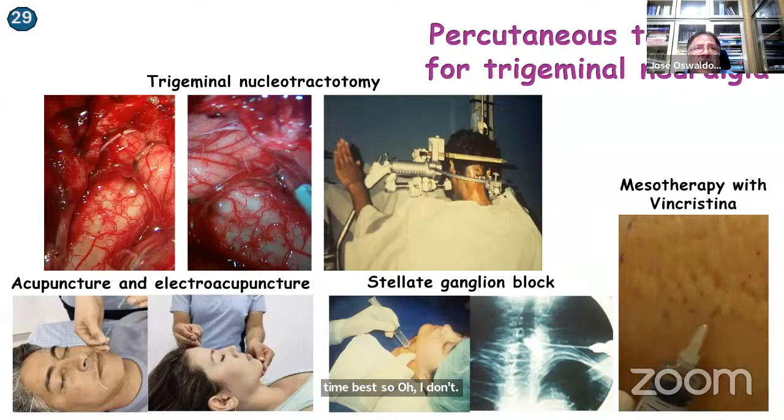And stellate ganglion block is useful for postherpetic trigeminal neuralgia, and it's very important to perform in an ambulatory setting. Mesotherapy with vincristine or similar is similar to chemical rhizotomy. It's very interesting.